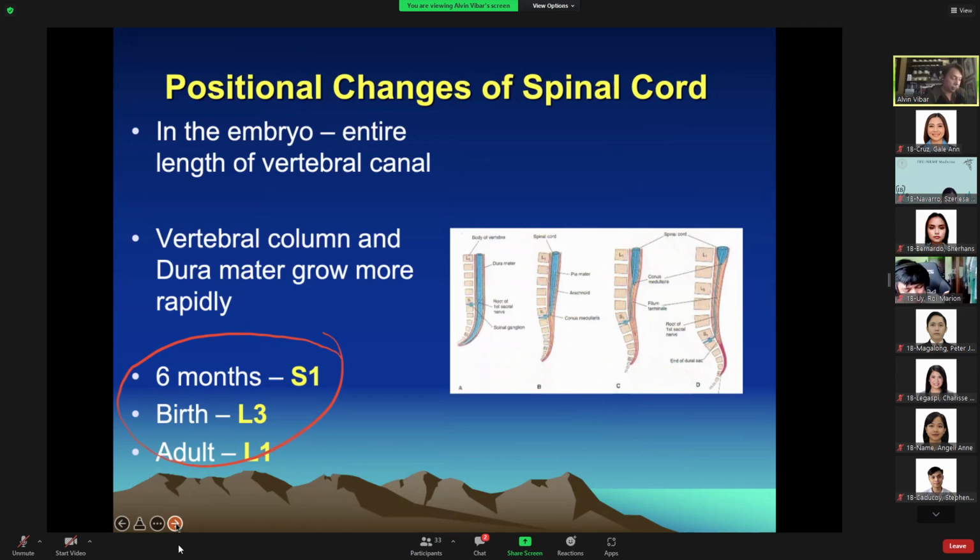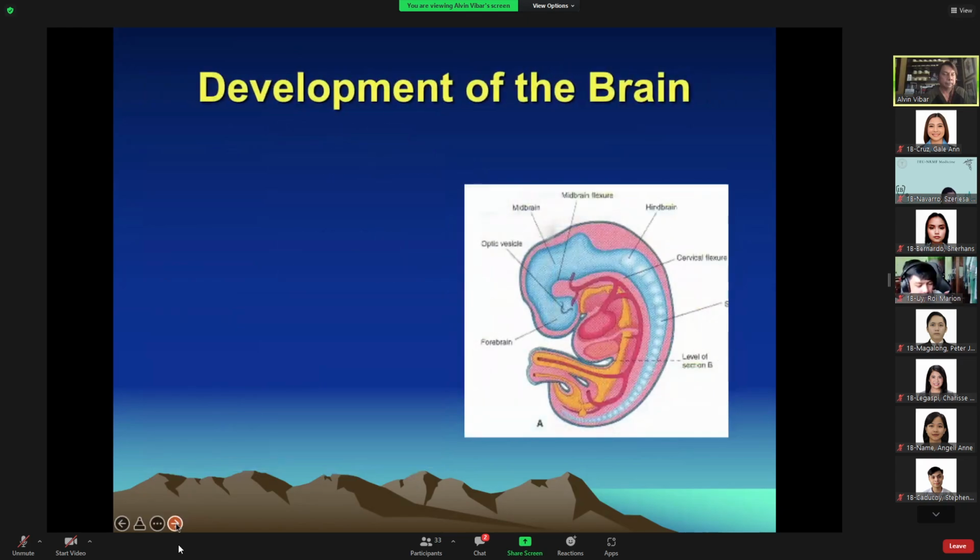Lower border of L1, upper border of L2. So this is adults. Ayan po. So we're done with the growth of the spinal cord.